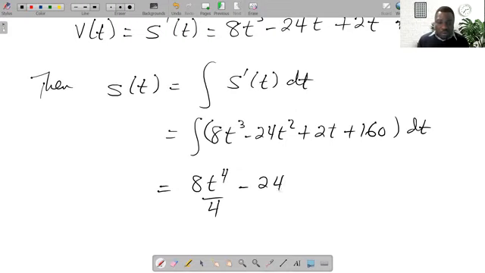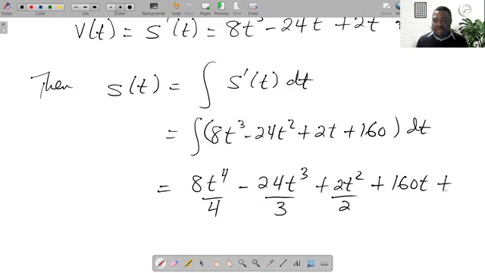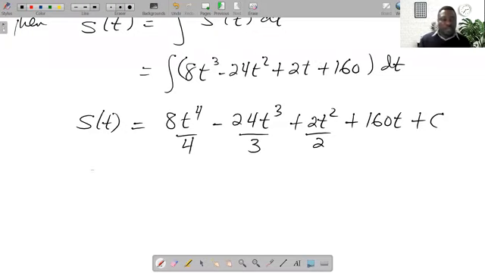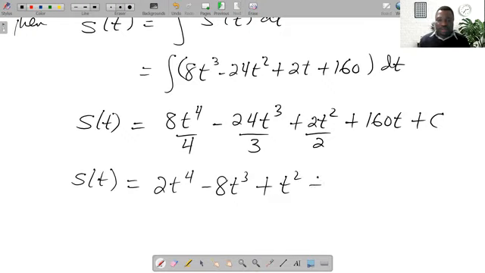So minus 24t cubed over 3 plus 2t squared over 2 plus, again, if it is a constant, just add the constant of integration to it, and then plus my C. So that will give me S of t, and if I simplify, I'm going to get 2t to the 4th minus 8t cubed plus t squared plus 160t plus my C.